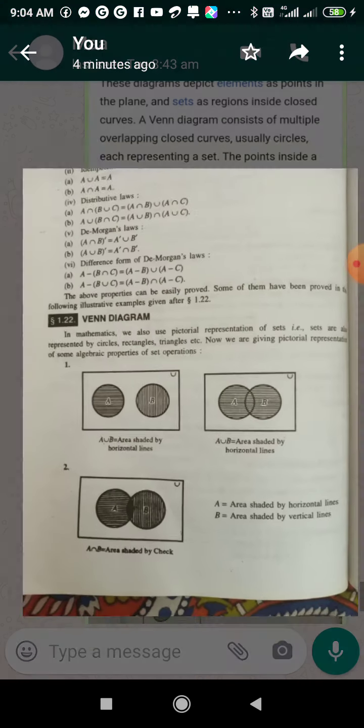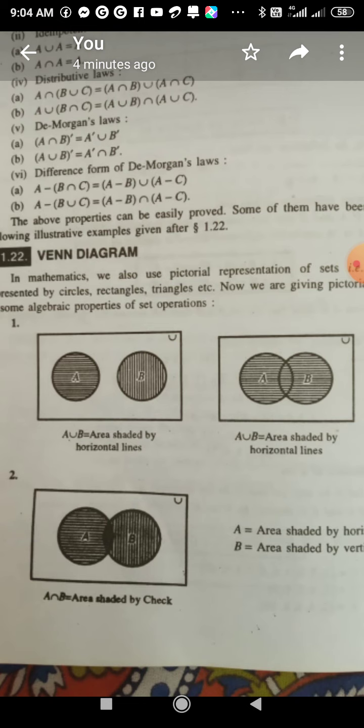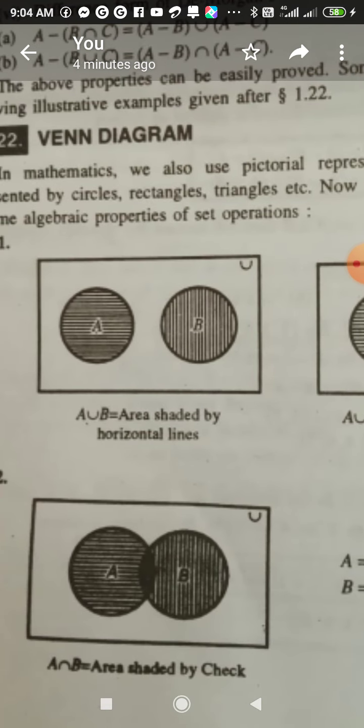So this is the example of some Venn diagram. In the first figure, there are two sets A and B. So in this case, the area of union of both sets, A union B, is equal to the area shaded by horizontal lines.